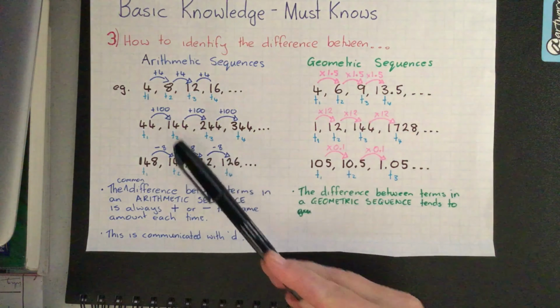Geometric, on the other hand, is shown or represented by the common ratio, and I knew I'd run out of paper there, so we'll just pop that in.